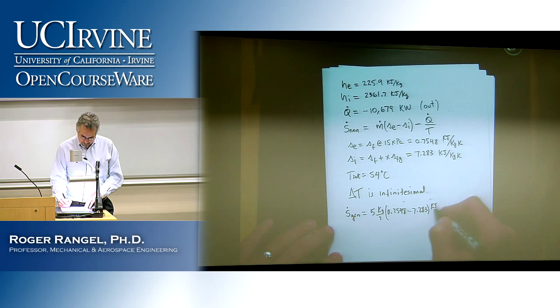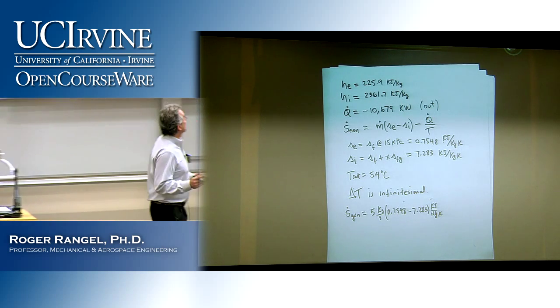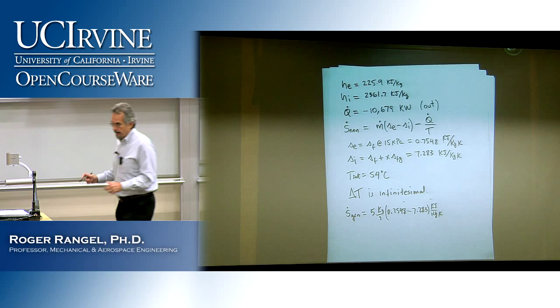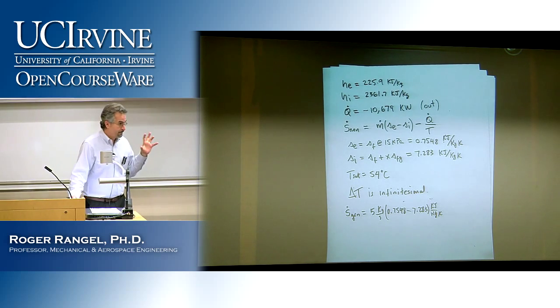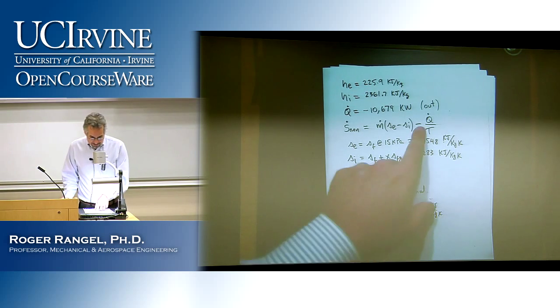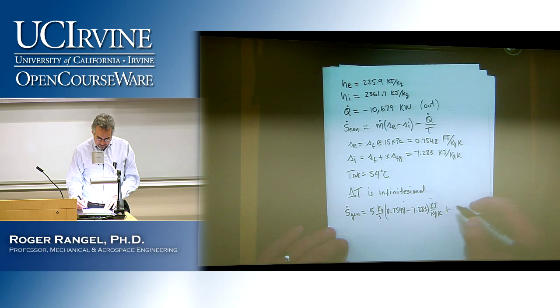These are kilojoules per kilogram Kelvin. And then minus Q dot over T. Remember, the Q dot was negative because it was out. You have to make sure you take care of the sign. It's minus Q dot, but Q dot is negative, so this will come out to be positive.